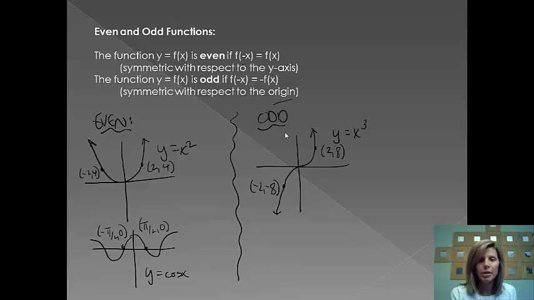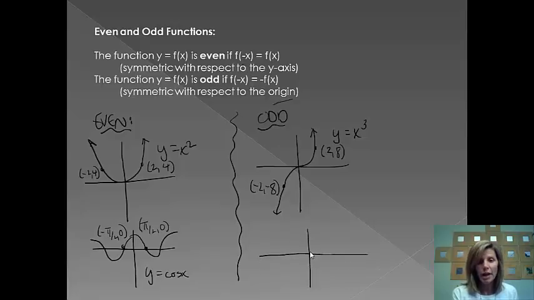This point down here is actually going to be negative 2, negative 8. And notice what this is saying is if I take f of negative x, so here's my x is 2 and here is the opposite of x, I'm going to get the opposite answer for my y value. So when I had 2, 8, and then when I took negative 2, I got the opposite of the y value. So that's what that means.